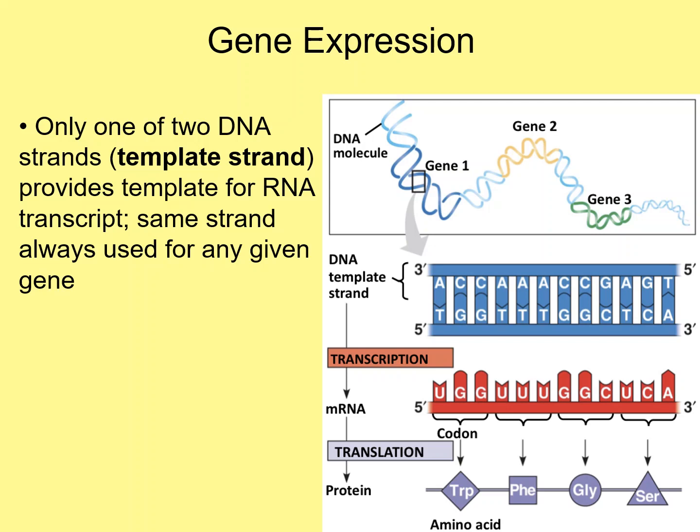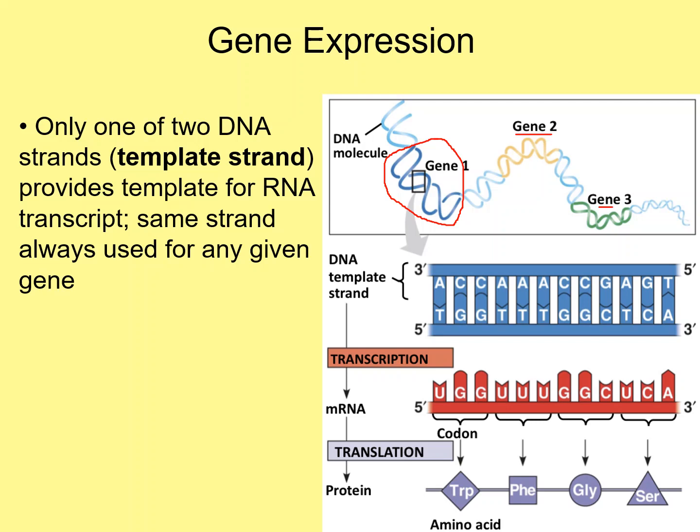And we're going to zoom in on a chromosome. And when we do that, remember chromosomes are made of chromatin, and chromatin is histone proteins with our DNA molecules wrapped around those histone proteins. So if I zoom in even further, I can look at my double-stranded DNA, deoxyribonucleic acid, and I've got one gene here, and then of course gene number 2 over here, and gene number 3 over here.